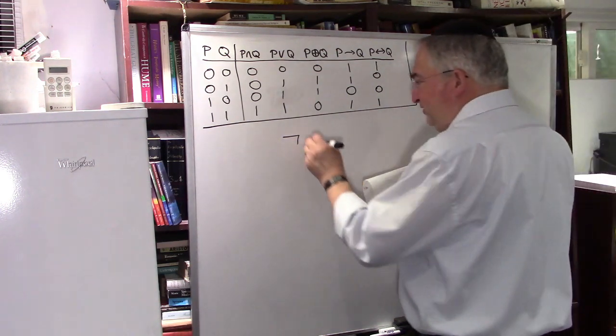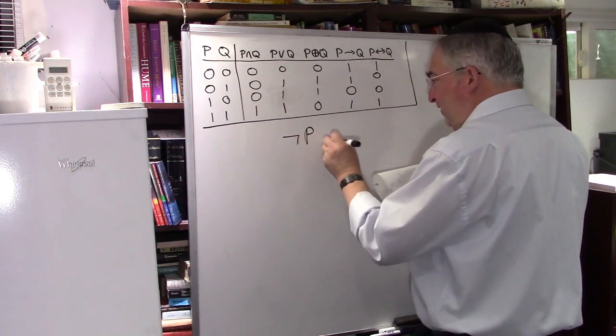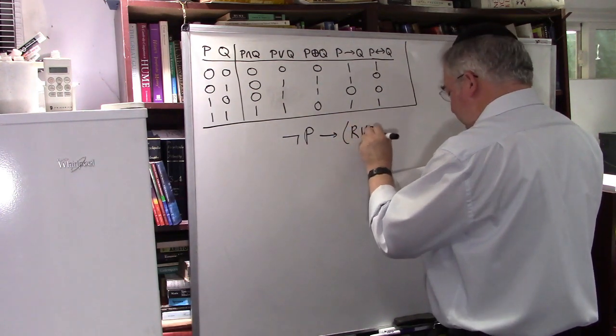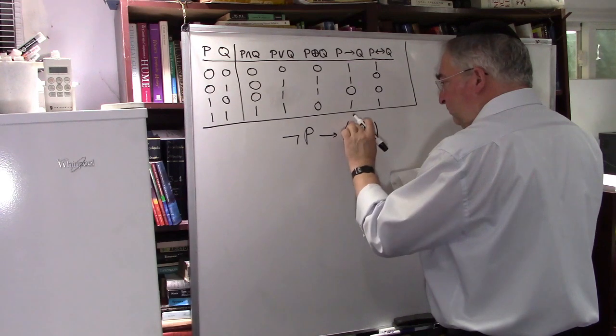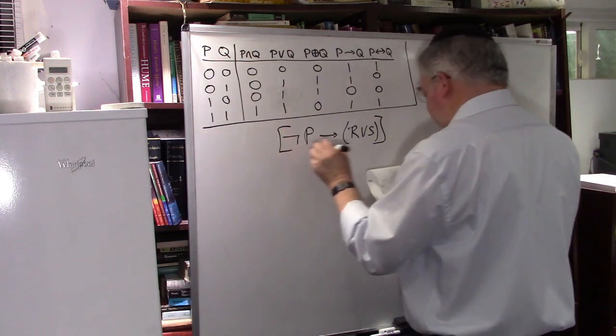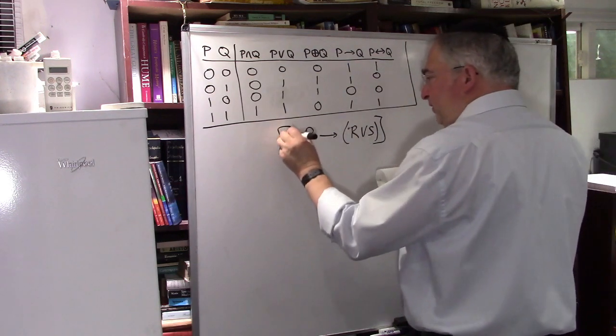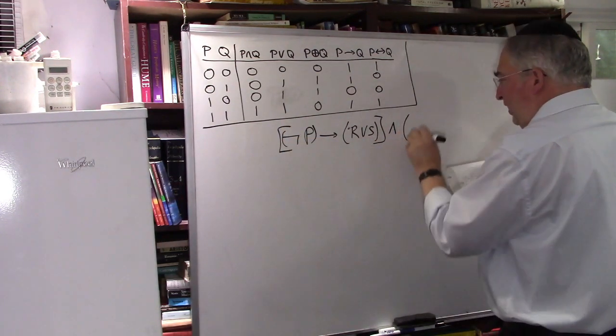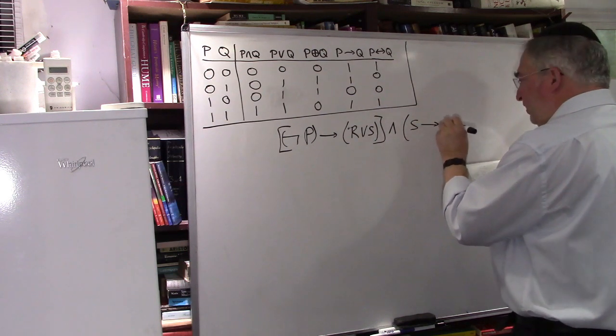Okay, good. So, [not P arrow R or S], let's do that in square brackets, and [S arrow not R].